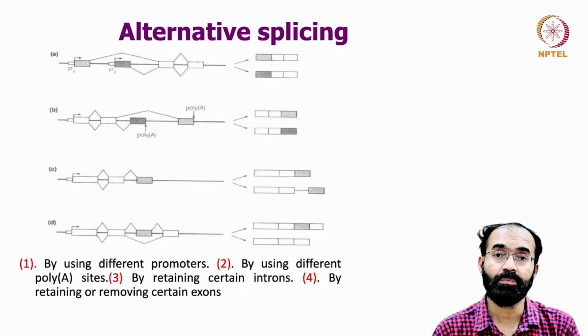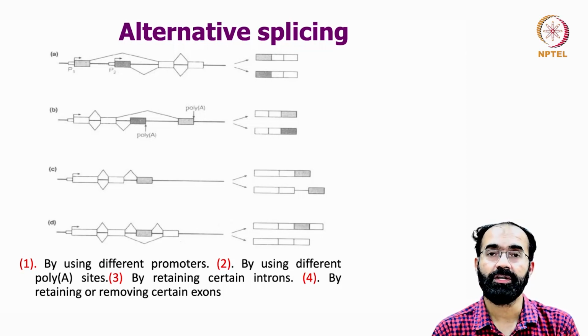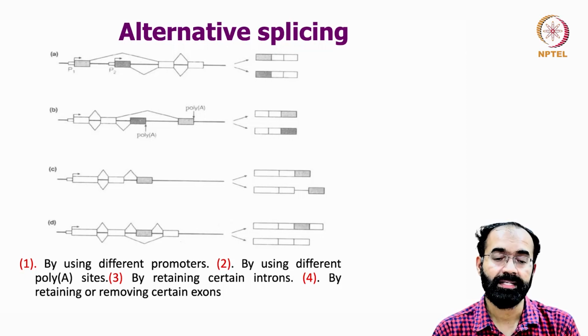Whereas if the second promoter is utilized in another tissue, which was part of the intron of the first promoter and first gene, downstream of the first exon you have promoter 2, and a part of the intron is now acting as the exon, and exon 2 and exon 3 are the same as the first one.